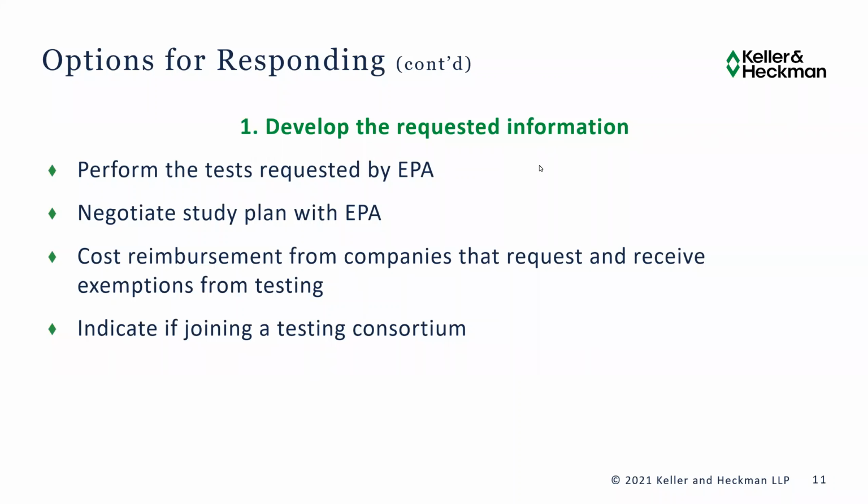The consortium can help organize how those tests will be conducted. And even if every company is going to be testing, for example, for occupational exposure, consortia have value in ensuring that it's done in a standardized way, so that the methodology, the detection limit, things of that nature are uniform across the tests so that EPA receives comparable information.